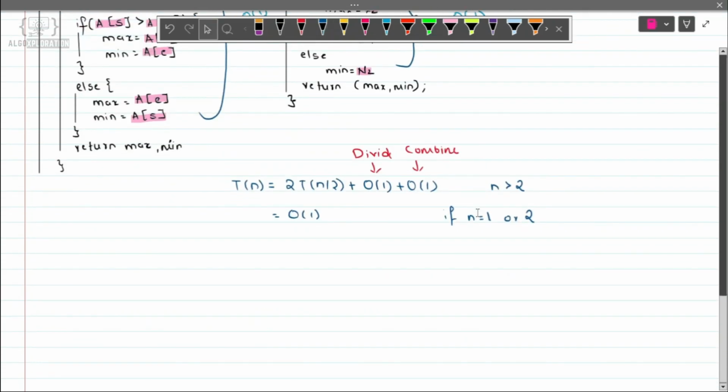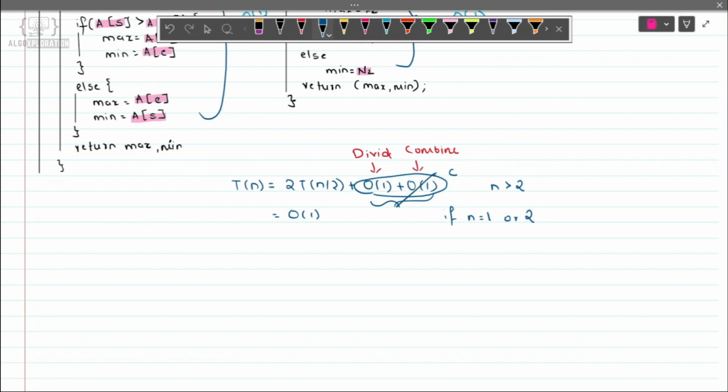Now since this is the constant part, we can replace this by c. So here it will be T(n) equals 2T(n/2) plus c.